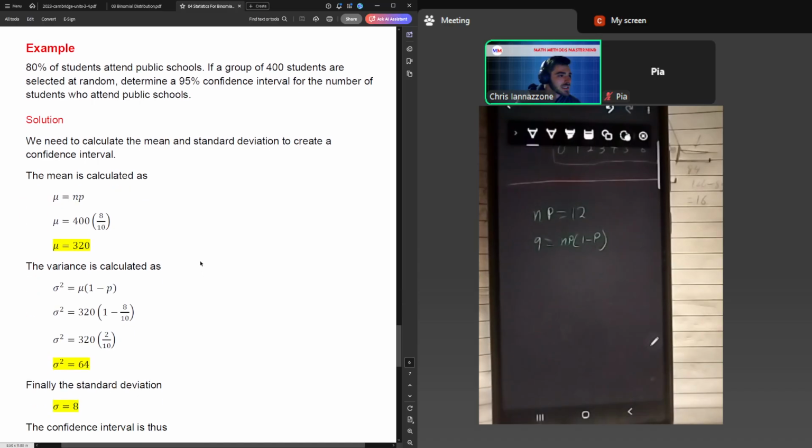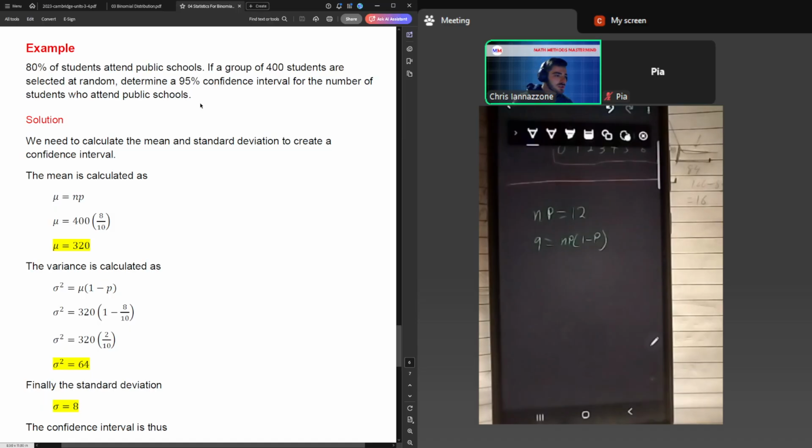So we're told 80% of students attend public schools, 400 students are selected at random. What is a 95% confidence interval for the number of people who attend public schools? So a confidence interval just says that we are some percentage confident that our result is going to be somewhere between some lower bound and some upper bound.